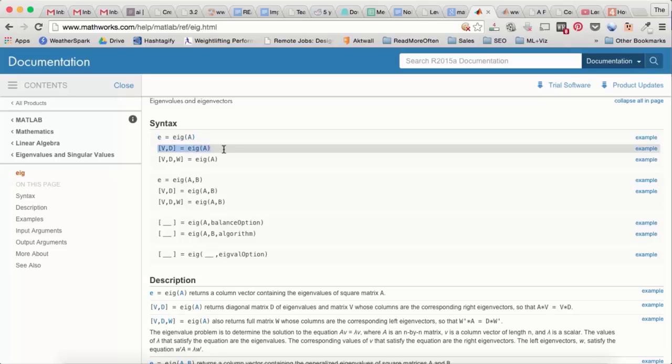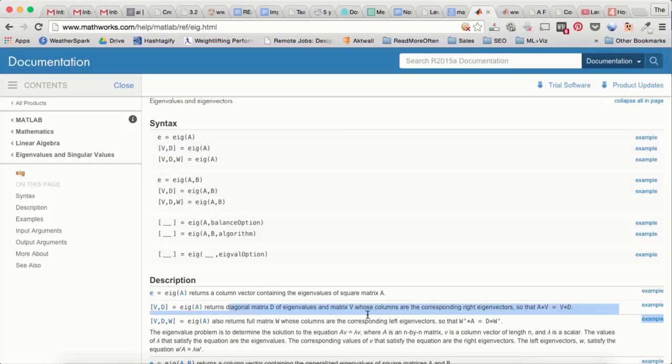So if I assign the return values of eig to two different variables, I can get back, let's read here, a diagonal matrix D of eigenvalues and a matrix V whose columns are the corresponding right eigenvectors. So the eigenvalues are going to be returned in a matrix called D, and the eigenvectors are going to be the columns of the matrix V.